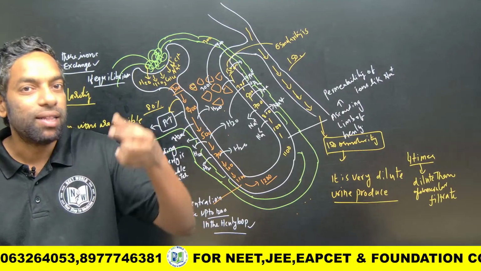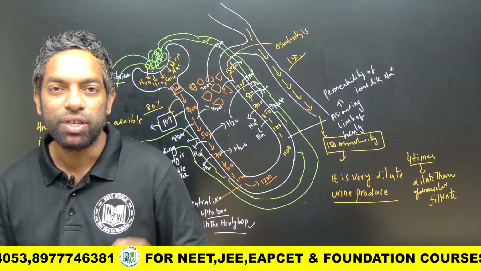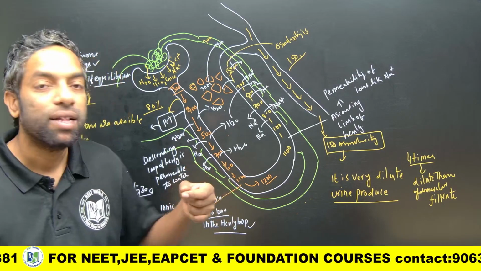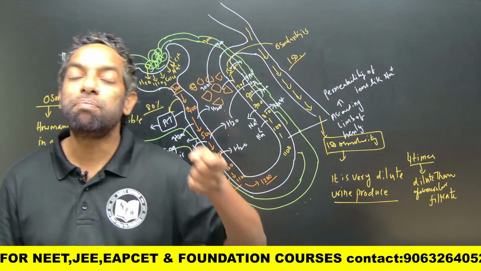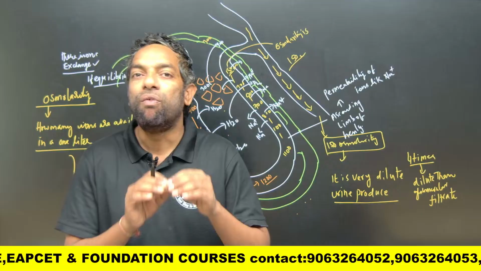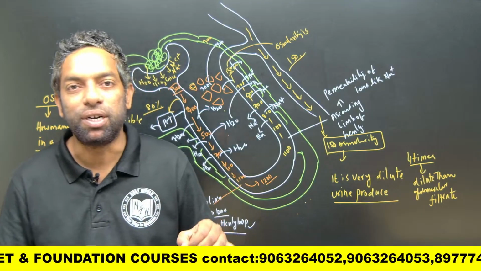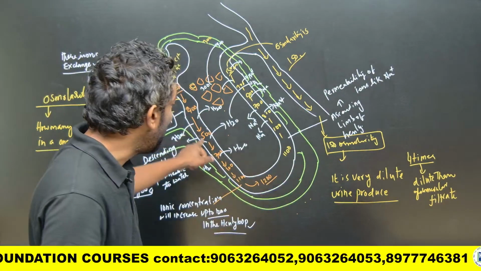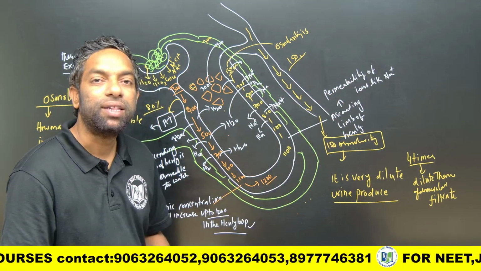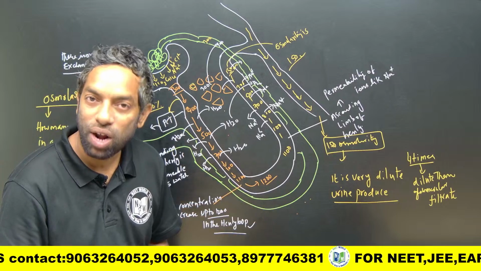Then the descending limb of Henle, in the medullary interstitial fluid area, is permeable to water. Water permeability means water can be reabsorbed. In the renal tubule, the ionic concentration will increase up to the Henle loop, reaching 1200 osmolarity.